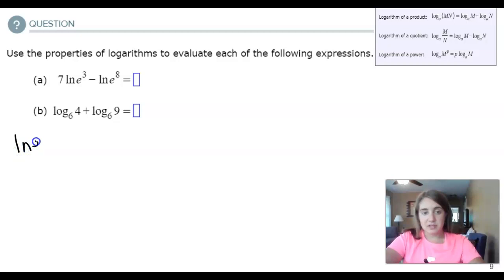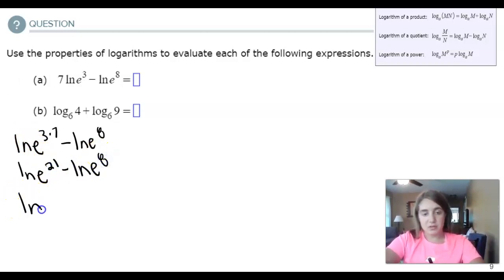That becomes ln e to the 3 times 7. That becomes division.